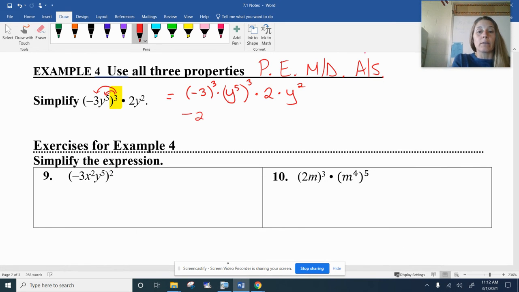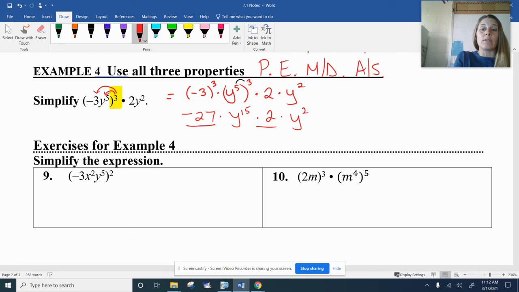So I have that. Now here I have y to the fifth to the third. Well, remember that power of a power property, we multiply these two. So this is going to become y to the 15th. And at this point, we want to do any multiplying and dividing. So negative 27 is just going to get multiplied by 2 as you normally would.